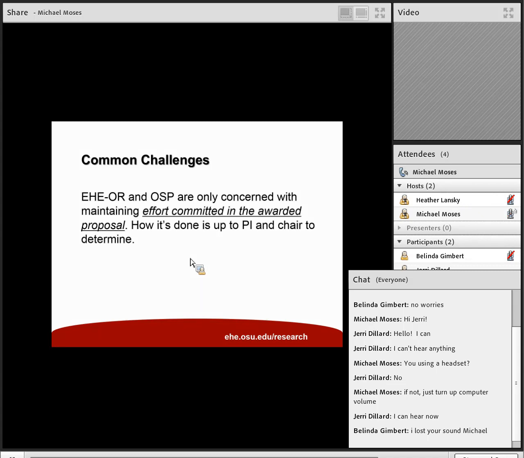The best way that I can explain this issue to faculty when the confusion arises over effort is that being in the grants management field, and I would say the same goes for the Office of Sponsored Programs, we really are only concerned with maintaining the effort committed in the awarded proposal.